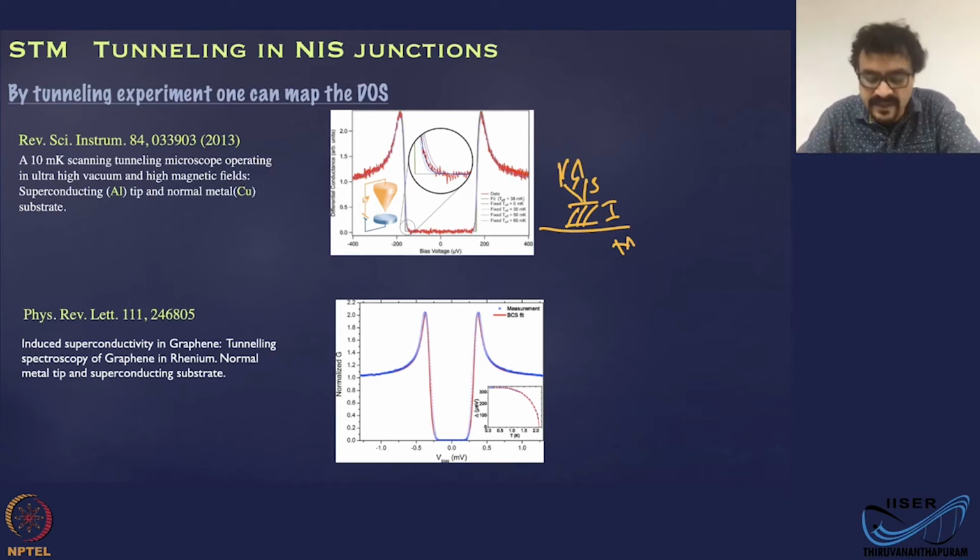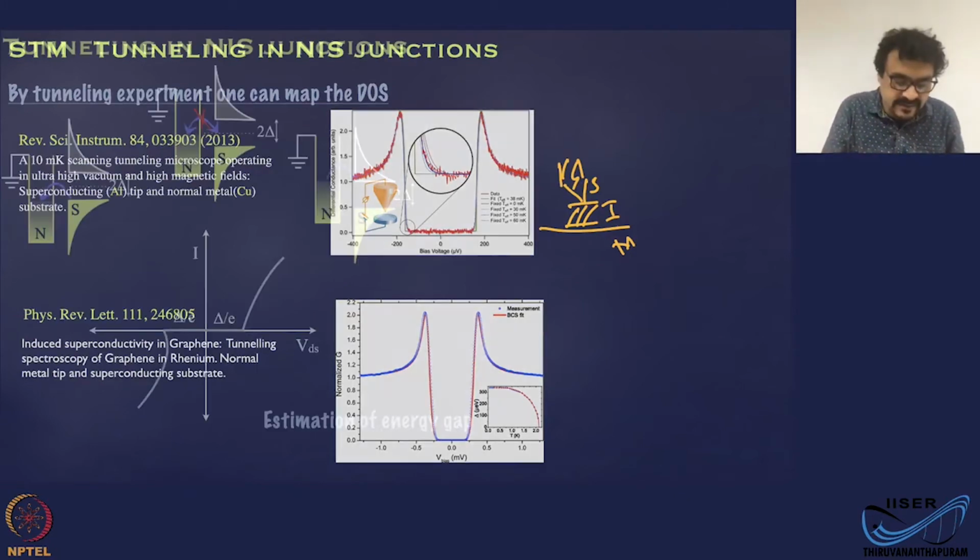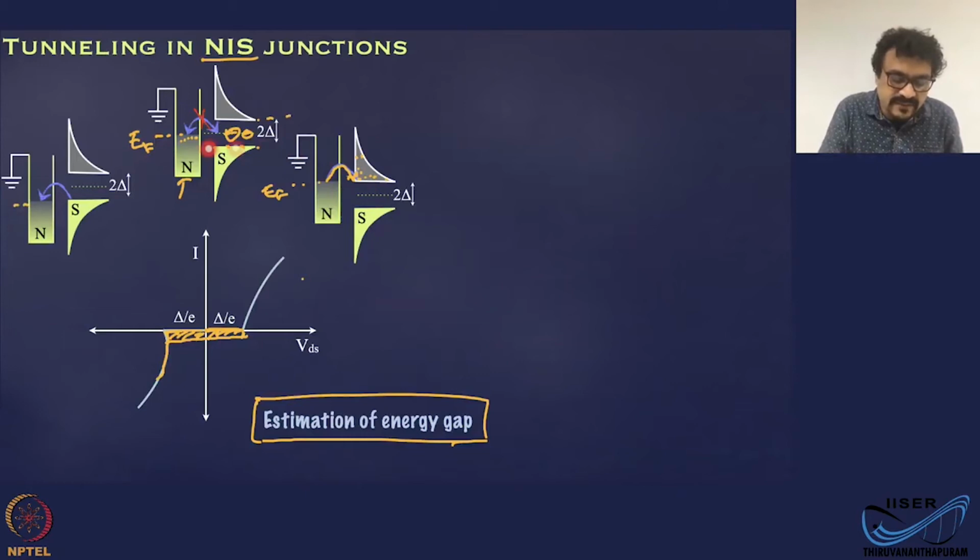And what you are doing is measuring the tunneling current through this junction, as shown here. Your tip is superconducting and the substrate is normal. When you apply voltage and measure the tunneling current, you are essentially doing the same sequence.